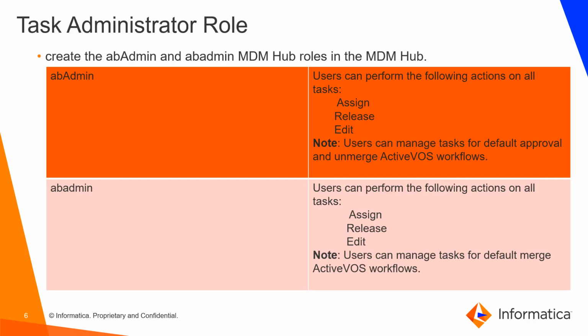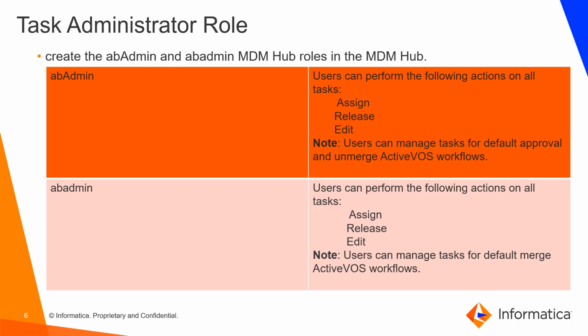The task administrator role. To make a user a task administrator, we need to create two roles at hub level and assign these roles to that user. Here AB admin, second A is caps. This user can perform the following actions on all the tasks: assign, release, edit.